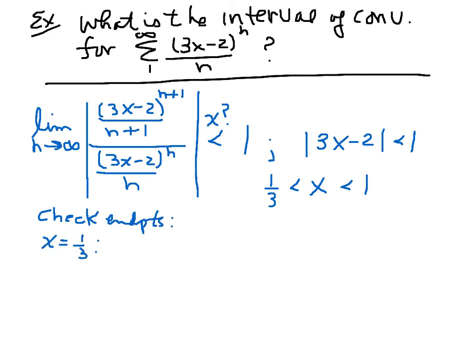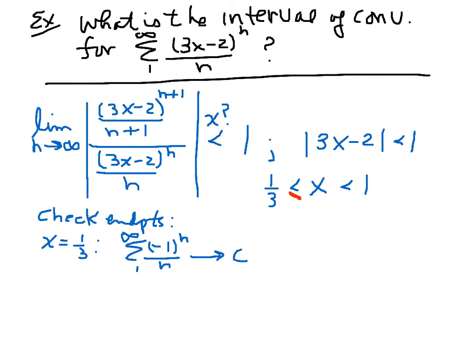I go back up to here and let x be 1/3. That makes this chunk minus 1, and do you see what we get? We get (-1) to the n over n, which is the alternating harmonic series, and this converges. So therefore, we get convergence when x is equal to 1/3.